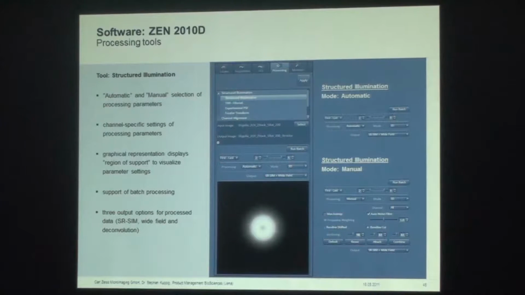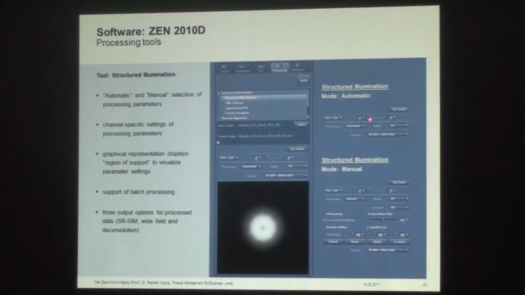So the acquisition of the images in this system is only like 50%. The other 50% is calculation. We use very high capacity computers in order to perform that, because the volume of data is substantial when you take a time lapse or a multi-channel Z stack.